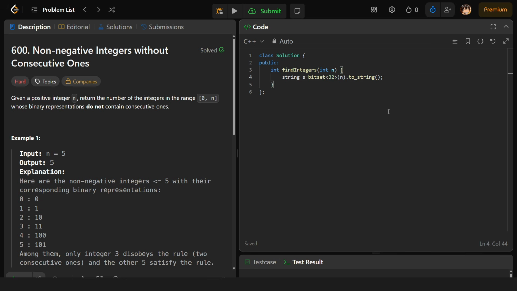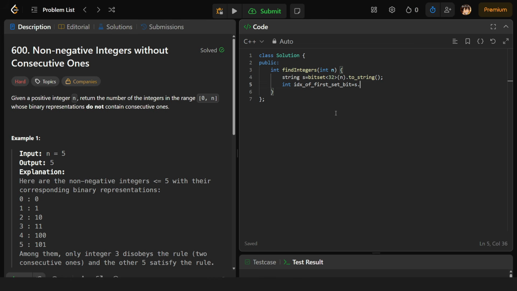And once this is done, we know what we used to do. We eliminate the leading zeros because we know that the leading zeros will not play a crucial role in this problem, because they do not contain any consecutive ones, right? That is, we will start from the first set bit, starting from the left side in this string. That is, I will check the index of the first 1 present here. How will we check this?